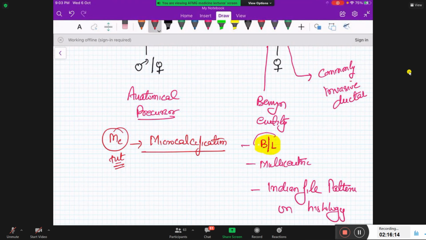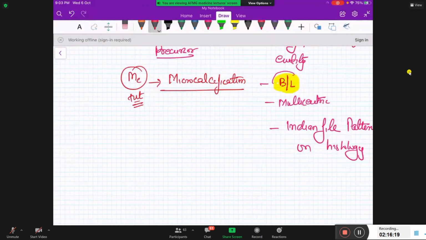Most common presentation of DCIS is microcalcification, and they will mainly check you on the management of DCIS. You should know the management of DCIS.